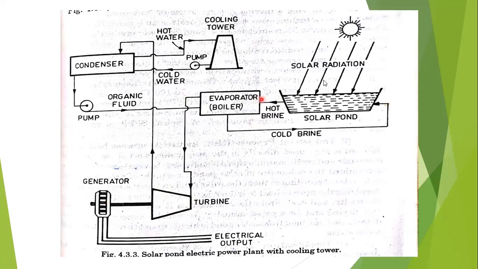So this is the first cycle, where we get the electrical output. After the turbine gives movement through the coupling to the generator, there is another cycle going on here. The remaining vapor after moving the turbine will travel to the condenser.